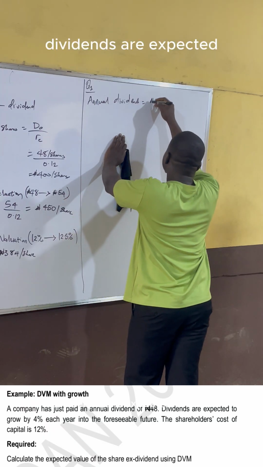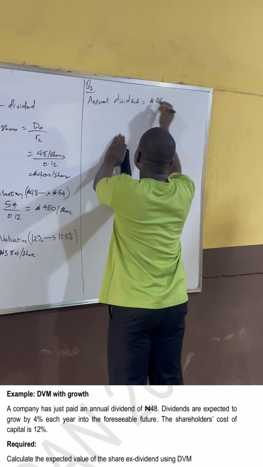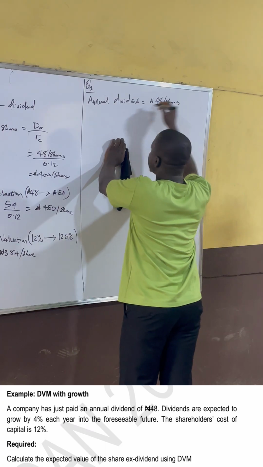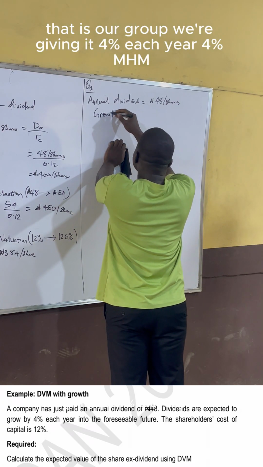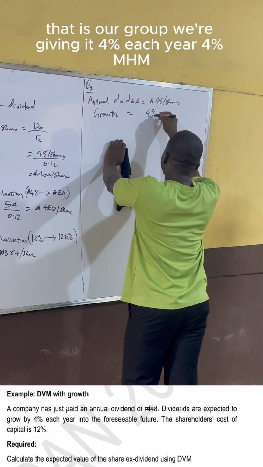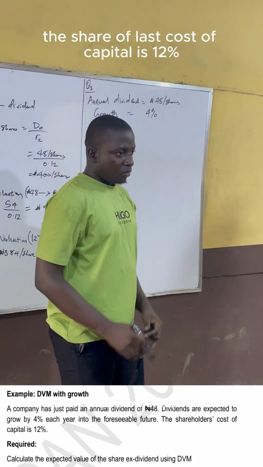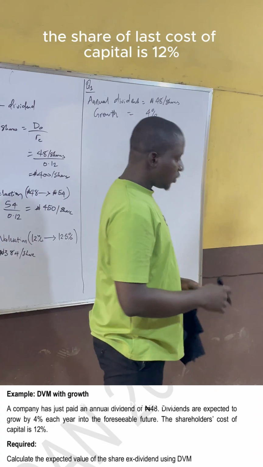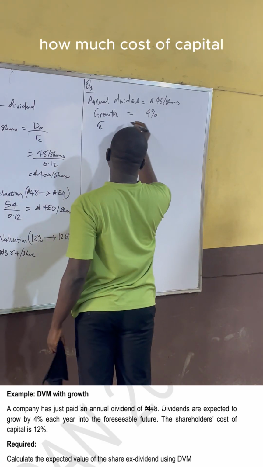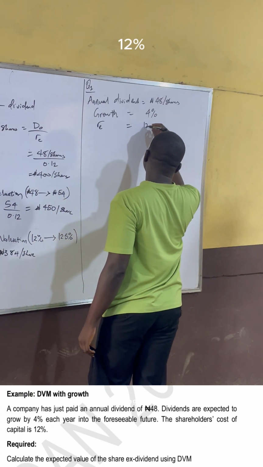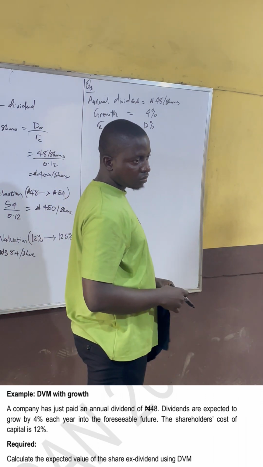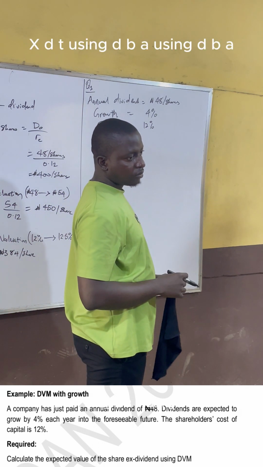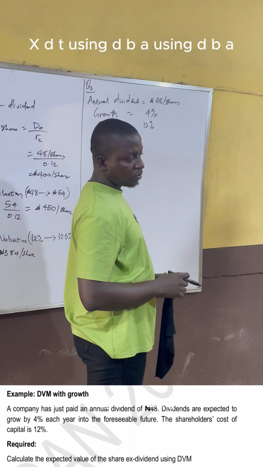Dividends are expected to grow by 4% each year into the foreseeable future. That is our growth, 4% each year. The shareholders' cost of capital is 12%. Calculate the expected value of the share ex dividend using the dividend growth model.